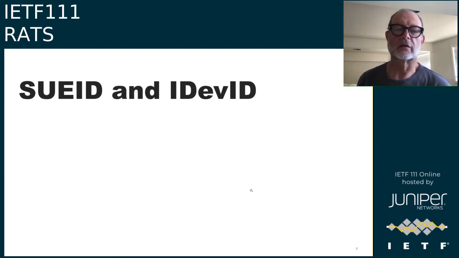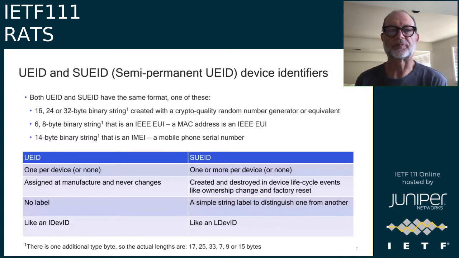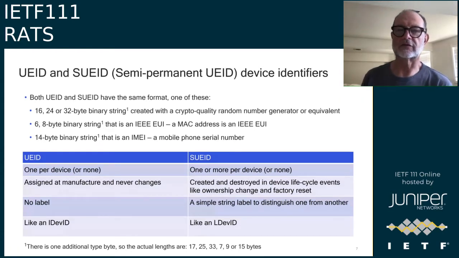The main new addition to EAT to be discussed today is SUEID. Please go to the next slide. So UEID and SUEID are device identifiers, in that we identify a lot of different things in RATS, and the intent here is to identify an instance of some hardware, a physical thing.